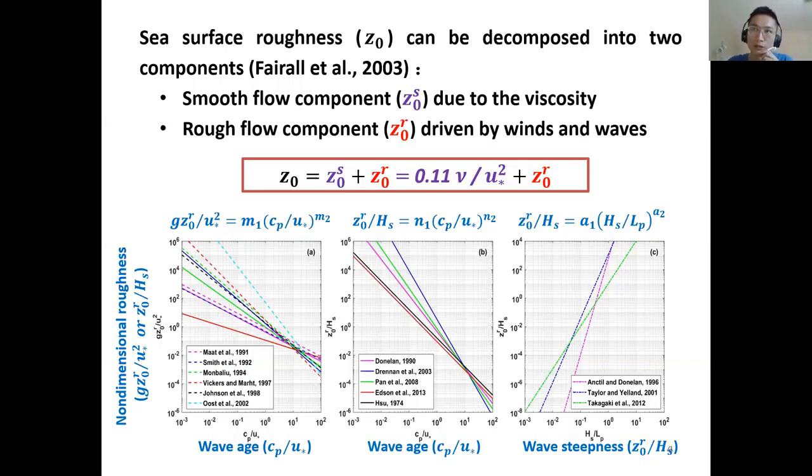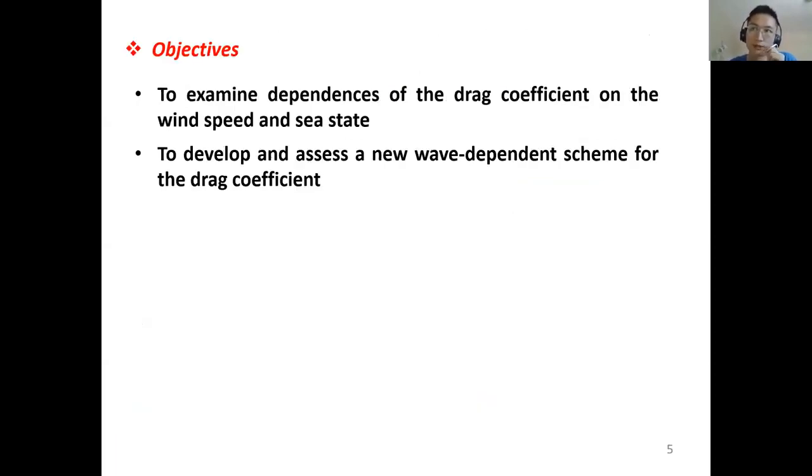However, these formulas, suggested in previous studies, are quite different from each other. So, in other words, the inclusion of wave effects on the wind stress still has large uncertainties, and that brings up the objectives of this study.